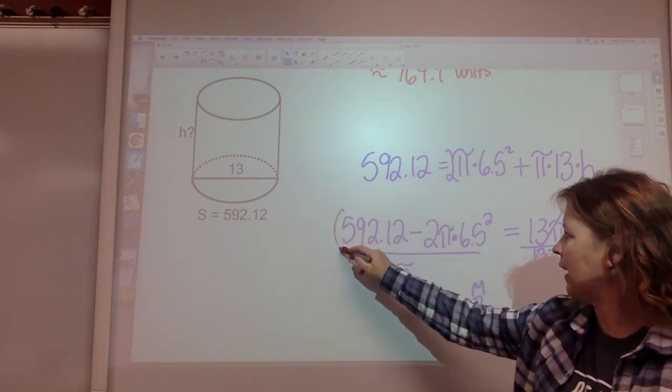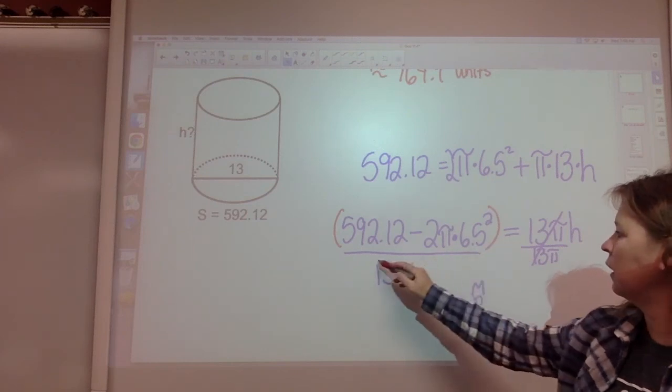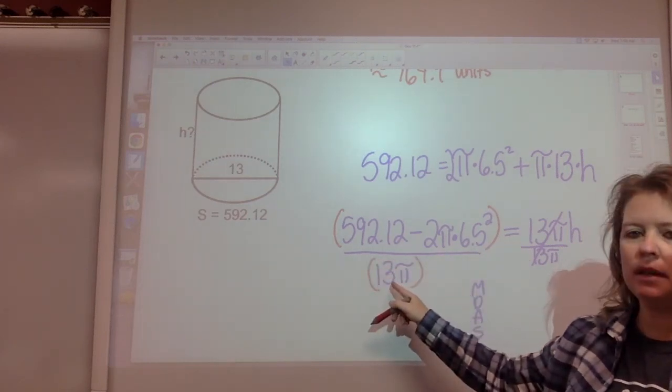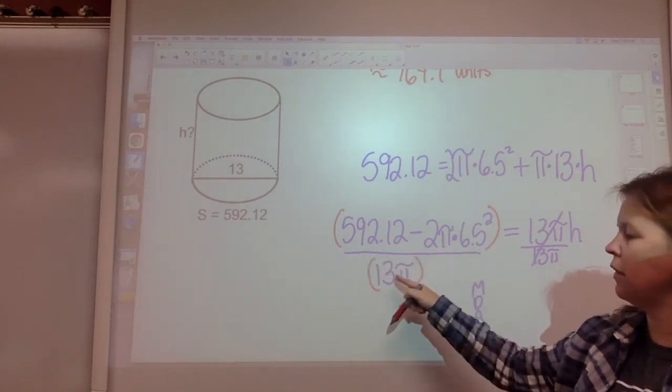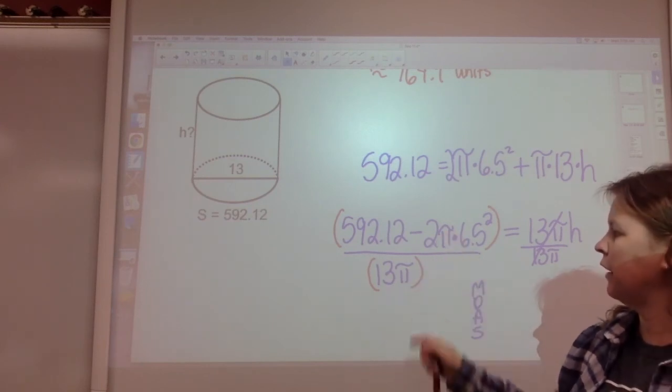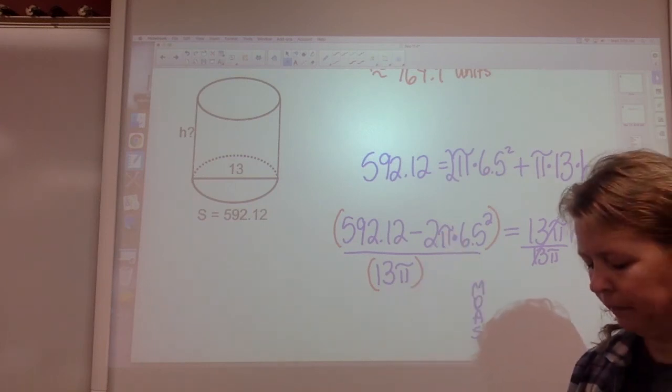So to prevent that, you're going to need a set of parentheses here and a set of parentheses here because we want to divide everything by 13 pi. We don't want to divide just part of it. Type that in.